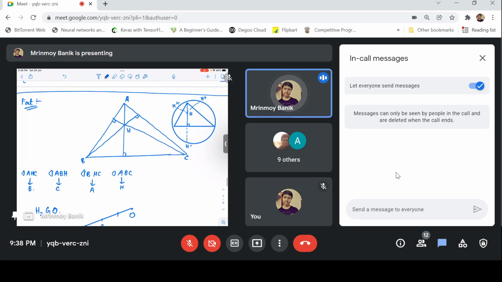Now let's see how to prove the reflection point lies on the circumcircle. By construction, this is perpendicular and these two are bisected by the side BC.